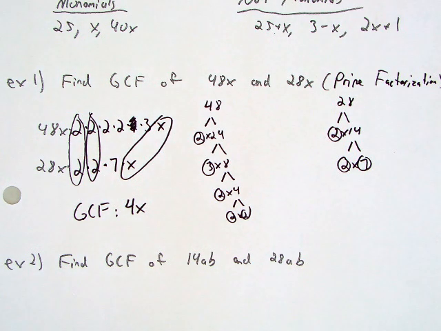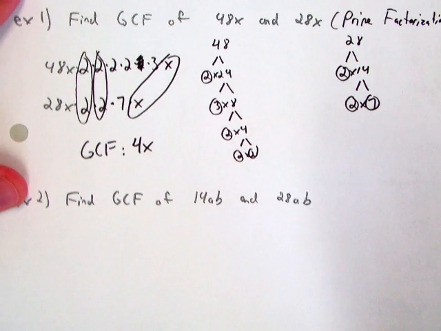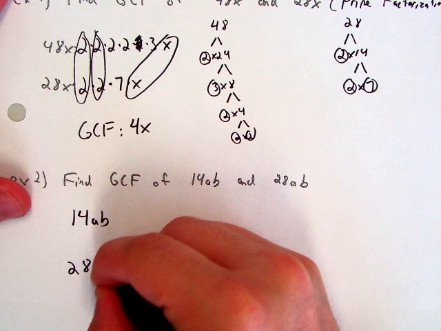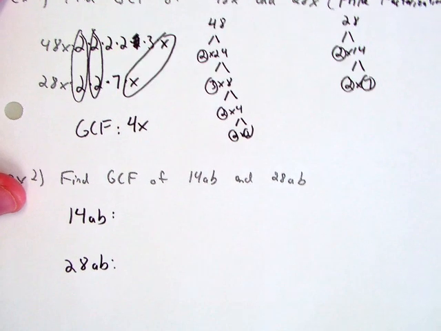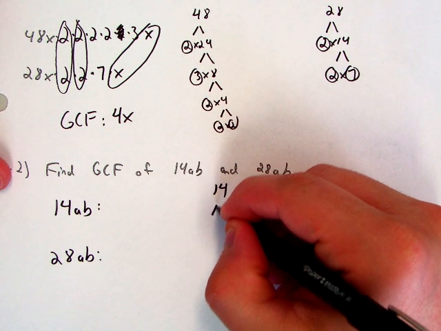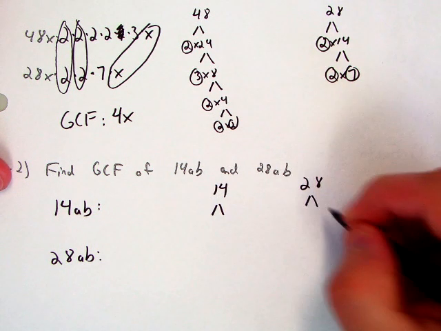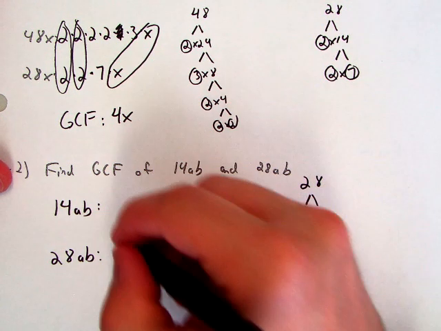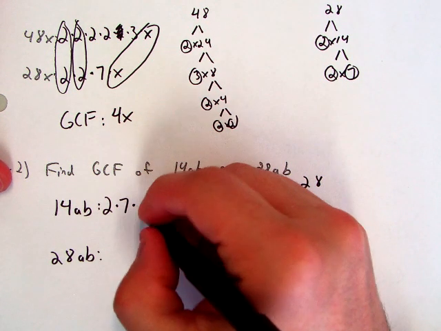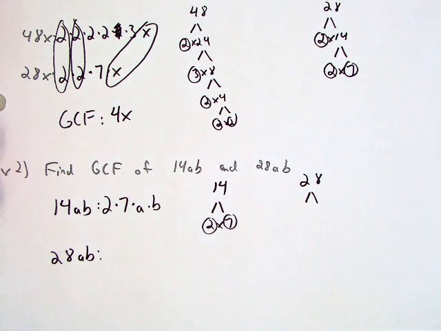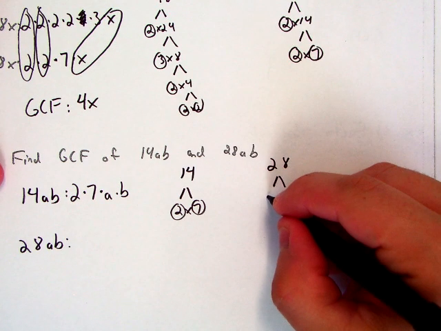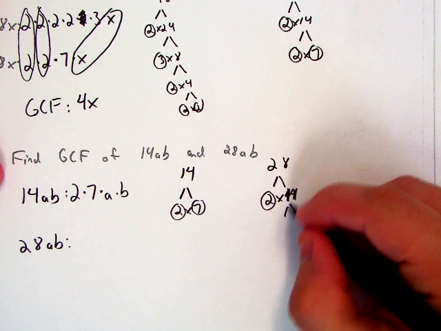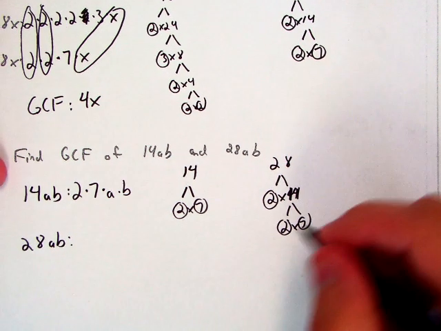So example 2, finding the GCF of 14ab and 28ab. Same as above. I'm going to find the prime factorization of 14 and the prime factorization of 28. I have 2 times 7. That's the prime factorization of 14, and then I have an a and a b. With 28, I can do 2 times 14. 2 is prime. 14 would be 2 times 7. 2 and 7 are both prime.